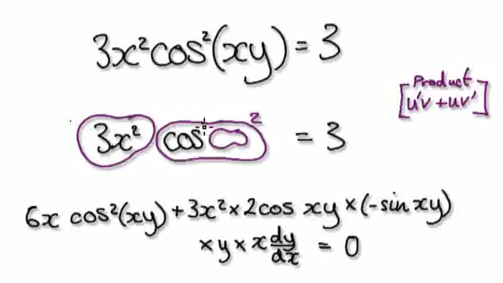But then inside this bubble, you've got another bubble. And within this bubble, you've got a product of x and y. Remember, y is a function of x. So within this small bubble here, you've got to use the product rule.